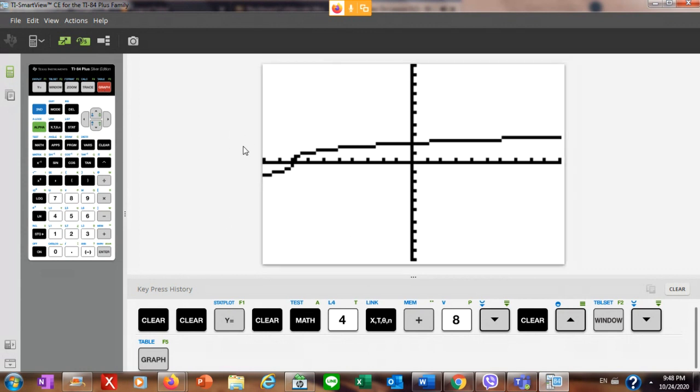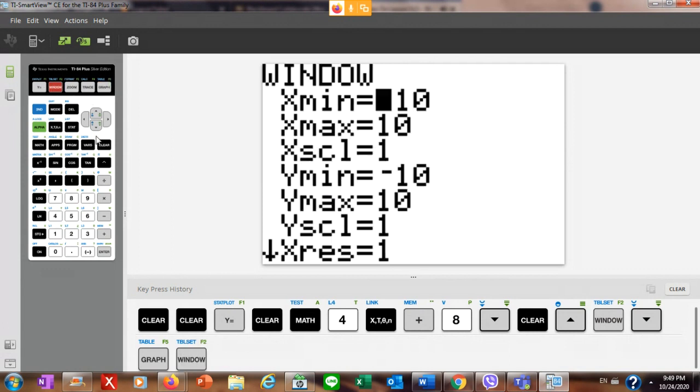I don't like the way this part looks. I think I should increase this line a little bit so that I see more of this part. I see that the last number here is negative 10. So I'm going to increase this to maybe negative 15 or negative 20. So let's do negative 15.